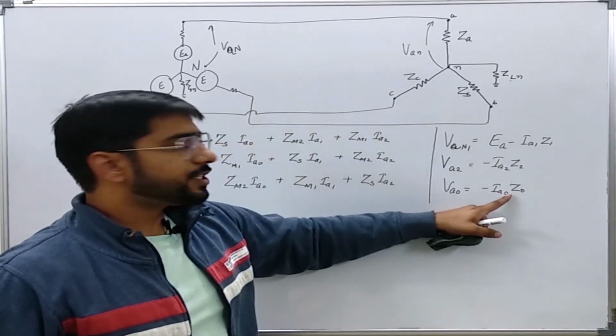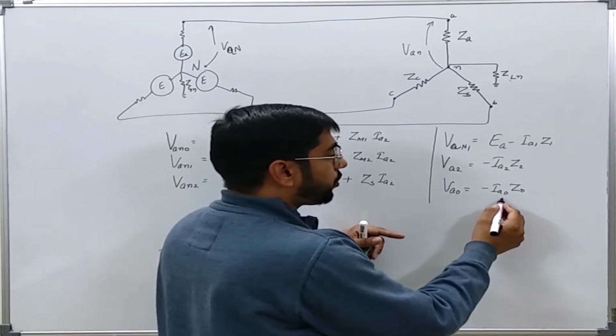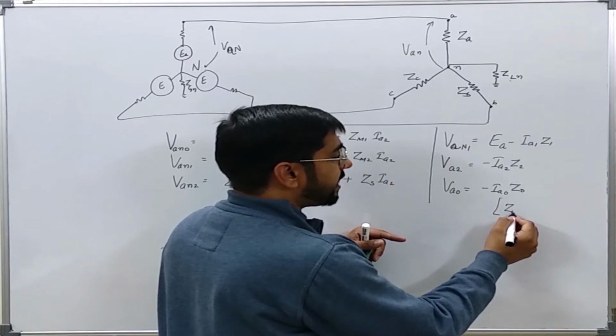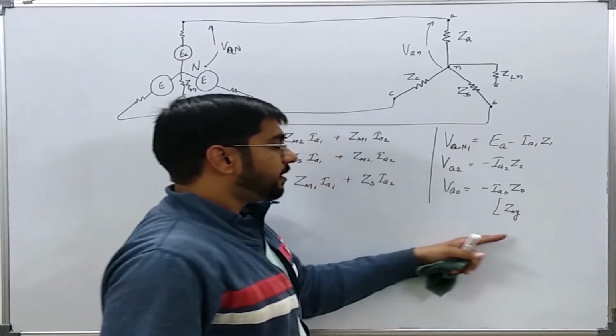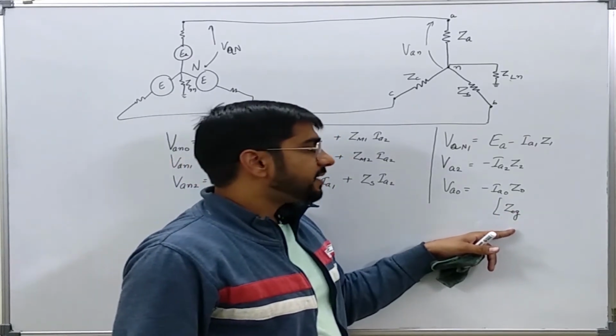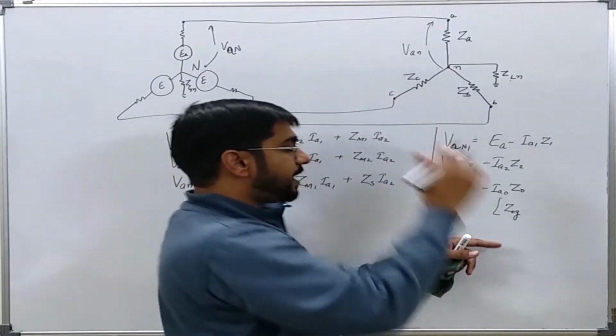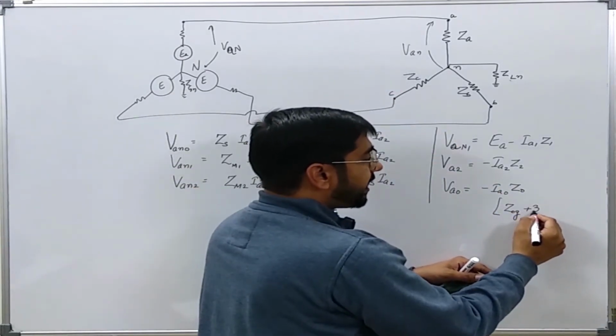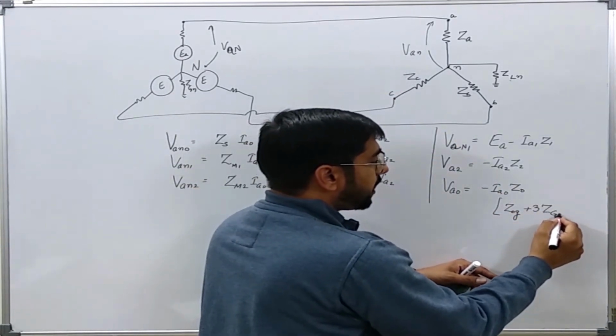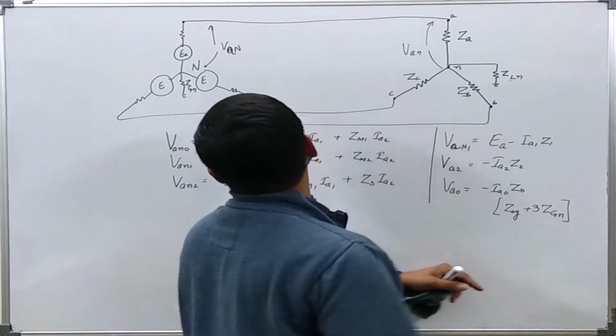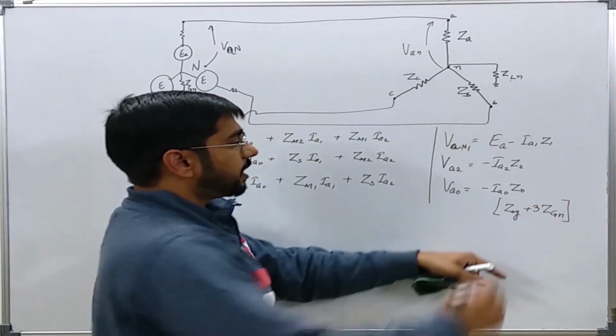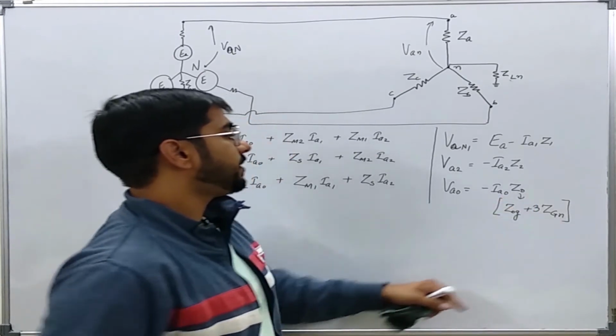Now this Z0 comprises two impedances: the generator zero sequence impedance and the zero sequence impedance of the transmission line, plus three times ZGN. So this is comprising of these two impedances.